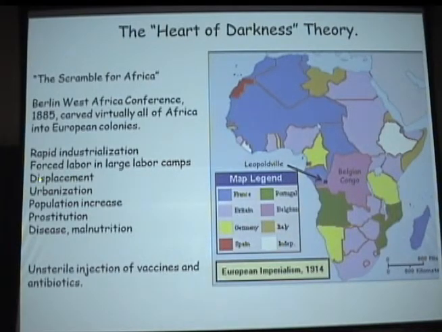People were moving around, getting displaced from their aboriginal homes, being urbanized, cities were growing rapidly, and populations were going up. In a more urban environment, there could be prostitution. You had largely male labor camps where they might engage in prostitution, or use the services of a prostitute. A lot of disease and malnutrition.